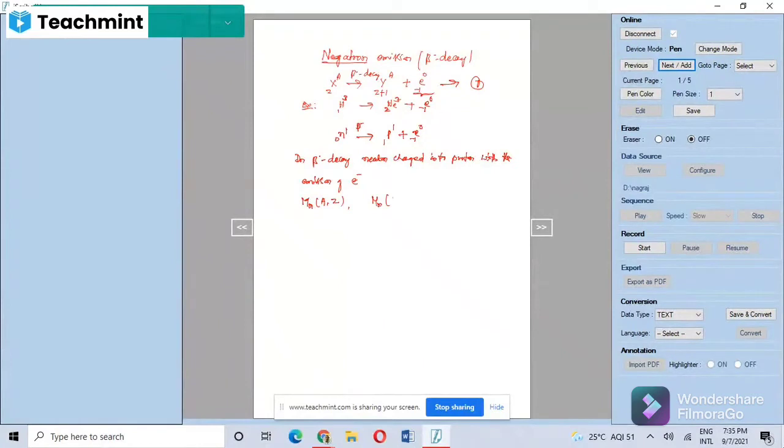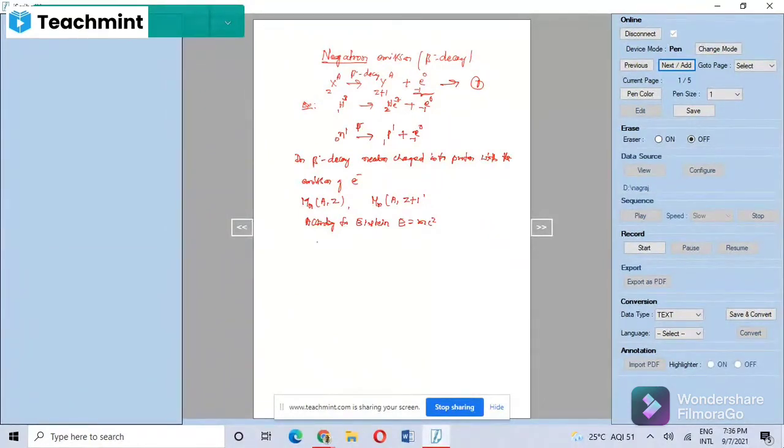Mn of A comma Z plus 1 is the mass of the nucleus Y. If you apply Einstein's mass energy relation, according to Einstein, E is equal to mc square.